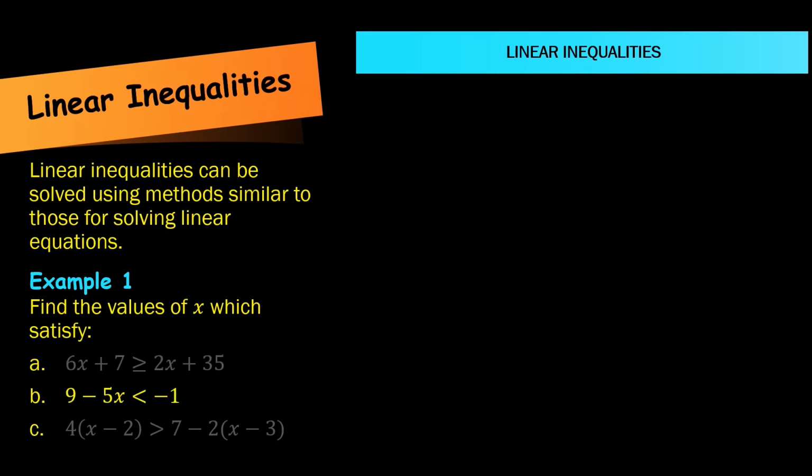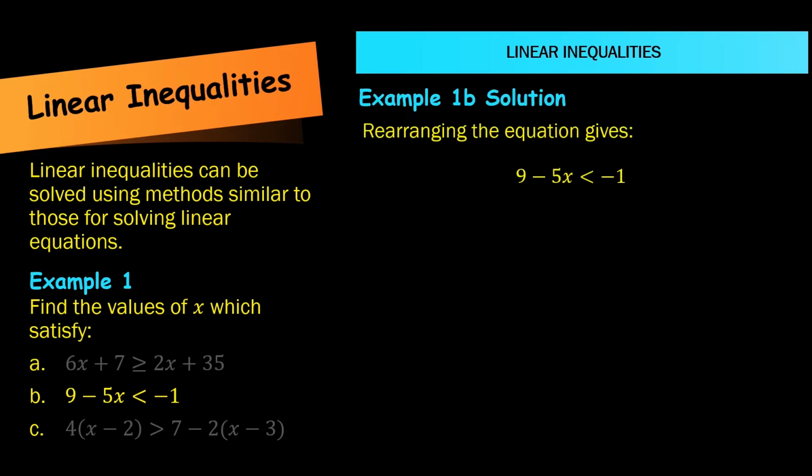Now for example 1b. We rearrange the equation to give 9 is less than 5x minus 1. Here we're making the x positive, and we leave 9 and minus 1 as it is. We move 1 to the other side, so we have 9 plus 1, and leave 5x as it is.